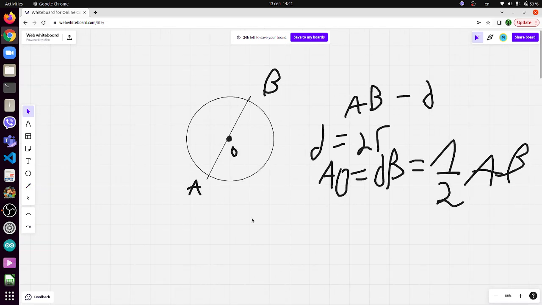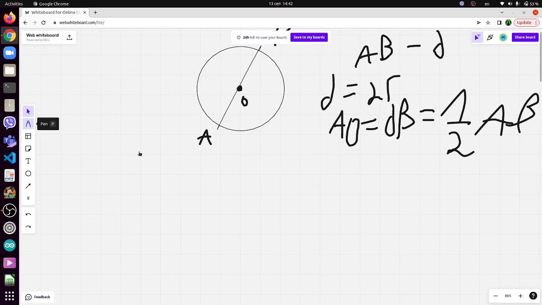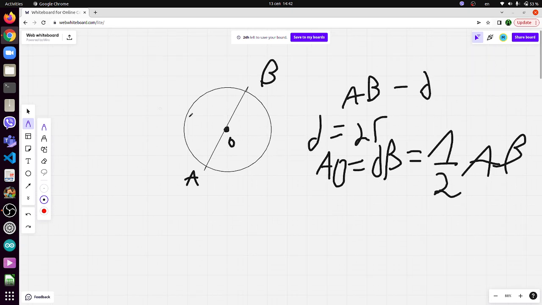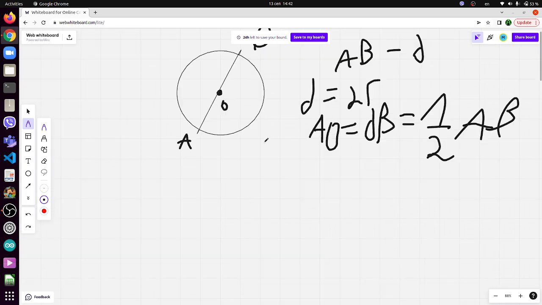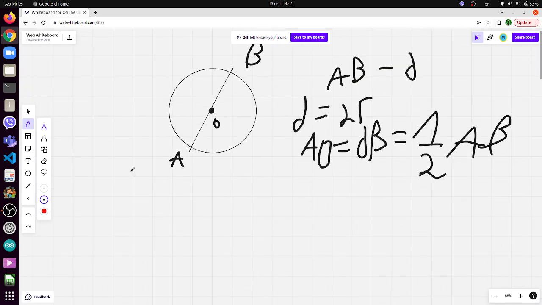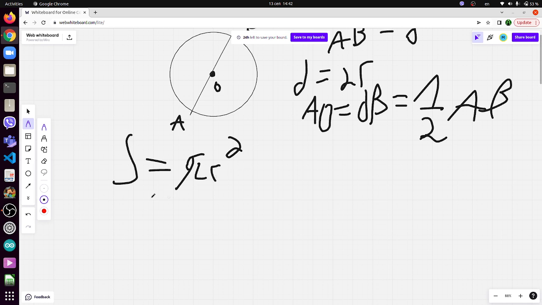Now I'm going to show you the formula for the area of every circle. The area, which I'm going to name S, is pi r squared. So that's our formula. But what is pi? Pi is a constant which is very important for the circle area.